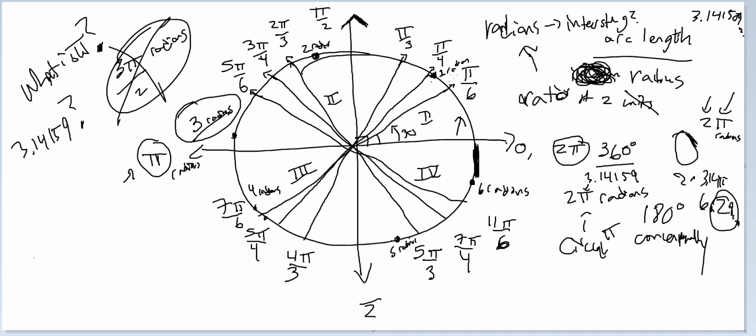So why are we doing all this? I don't know. But hey, we'll figure it out eventually, right? Because it's important to understand what angles are and the relationships that angles have to these various geometric shapes.